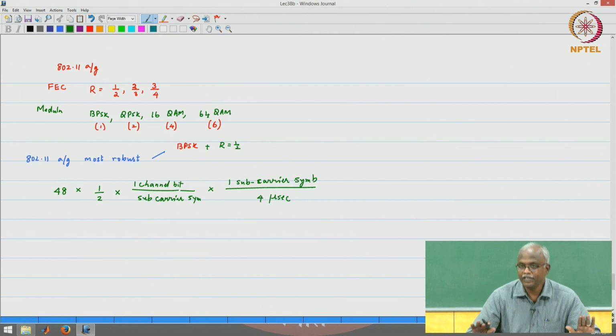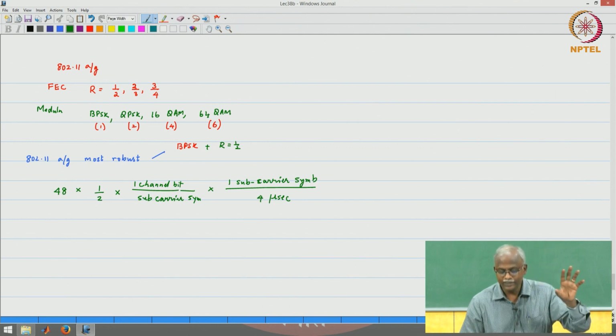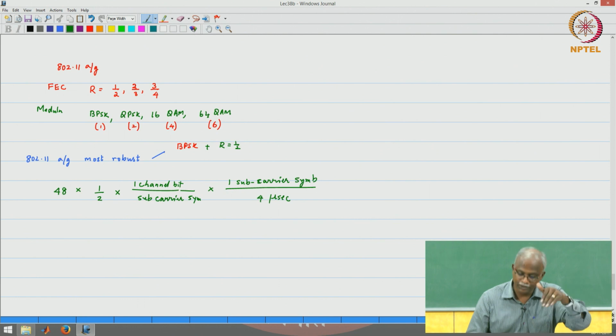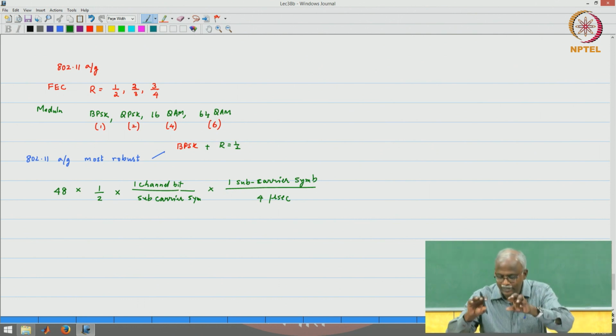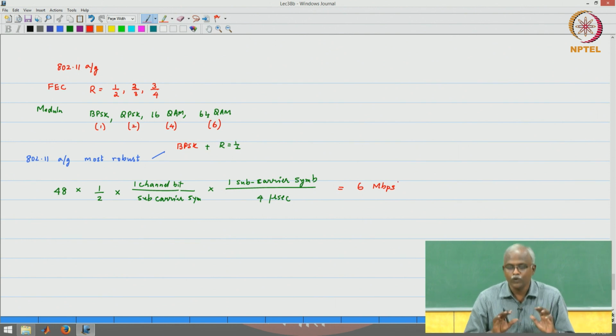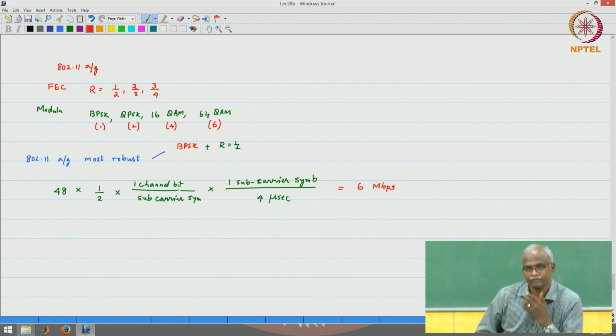Is my calculation clear? 48 subcarriers, each carrying one bit because I am using BPSK, but only one half of it is information because it is encoded with rate 1/2, and these 48 subcarrier symbols are carried in 4 microseconds. If you do this calculation, it will come out to be 6 megabits per second. That is your most robust scheme.